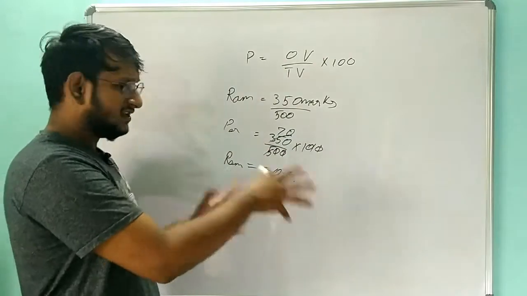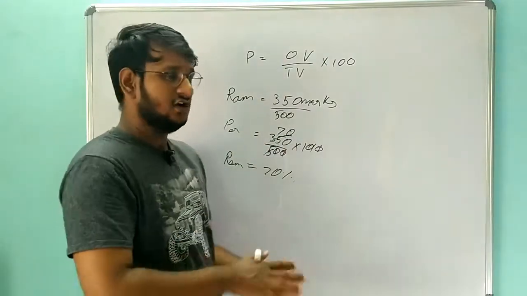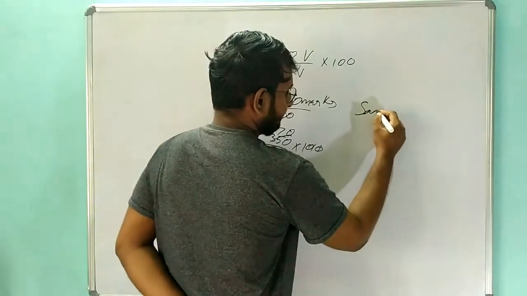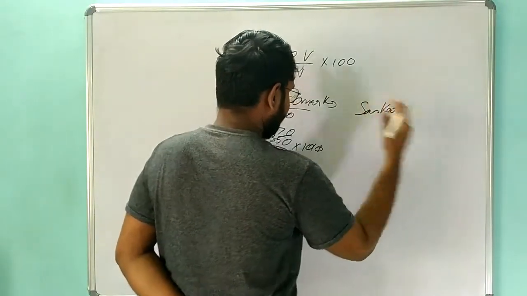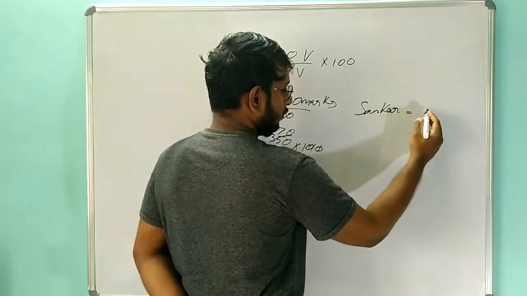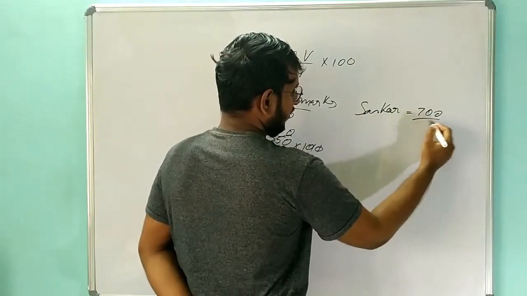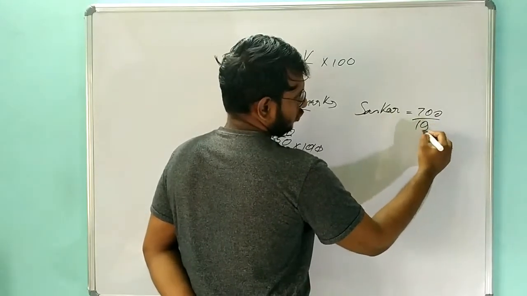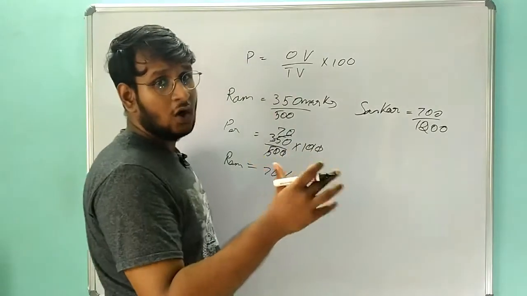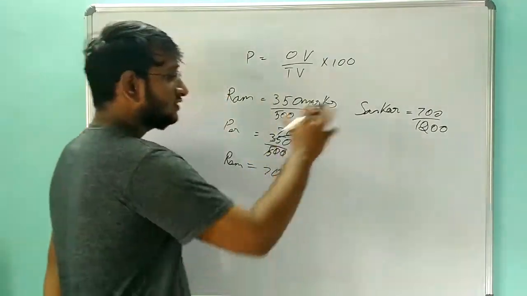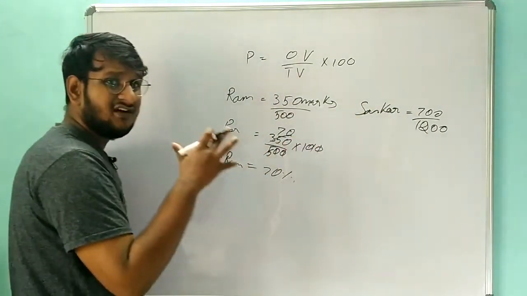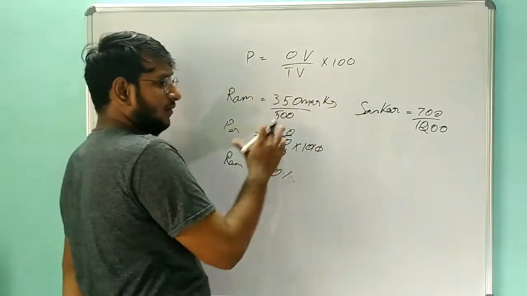So this is a comparison tool. Why it is a comparison tool is because if we take another student called Sankar, who is scoring 700 marks out of 1200 marks, we can't compare Ram and Sankar because their total marks are different.